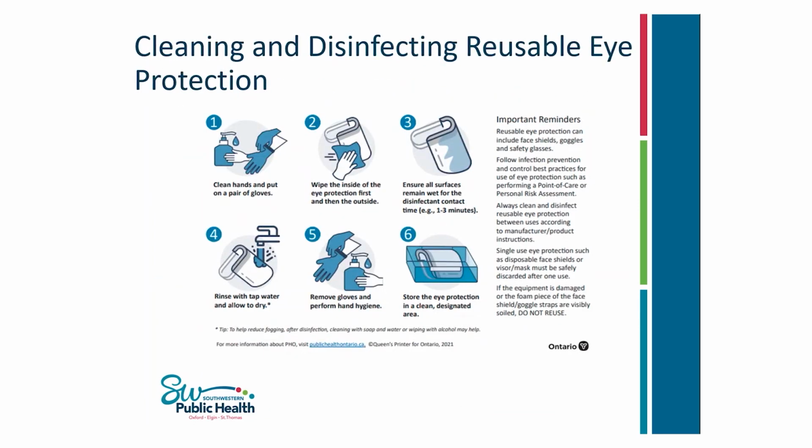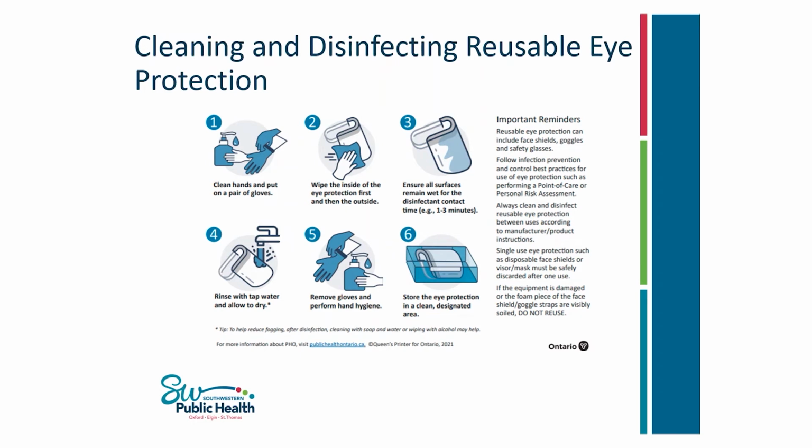And then again, just promoting the Public Health Ontario website. They do have a document for how to clean and disinfect reusable eye protection. I can see this was last updated 2021. So they do still talk about what is reusable eye protection: it can include face shields, goggles, and safety glasses.